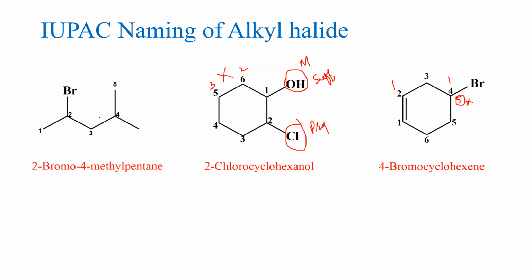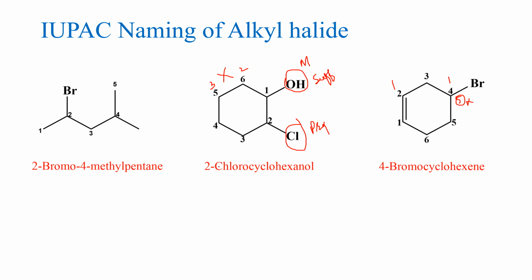Then the methyl, which is the CH3 group attached there, is at the 4 position. Now how we write the name, as I have told you and we have discussed in these IUPAC rules, is that you go for alphabetical order. So we will write firstly 2-bromo, then 4-methylpentane.